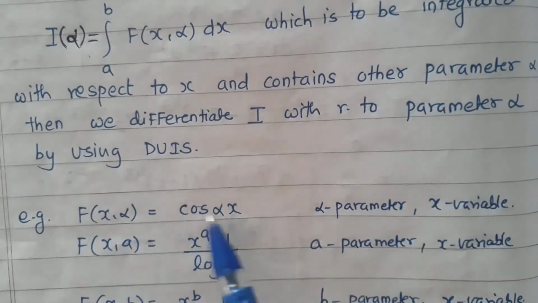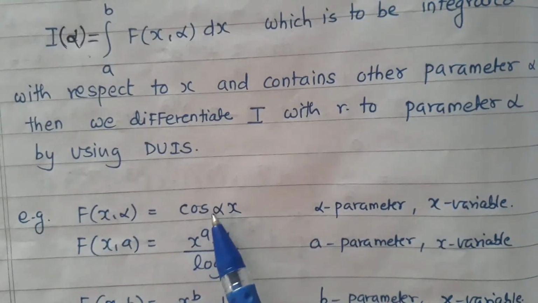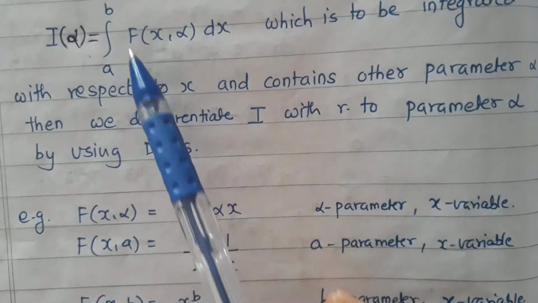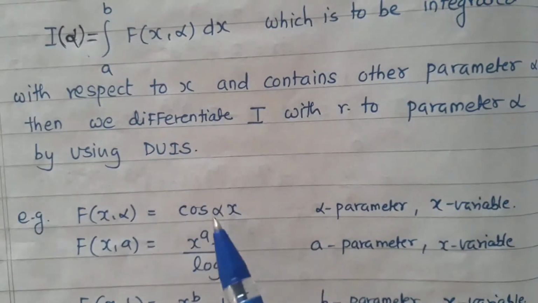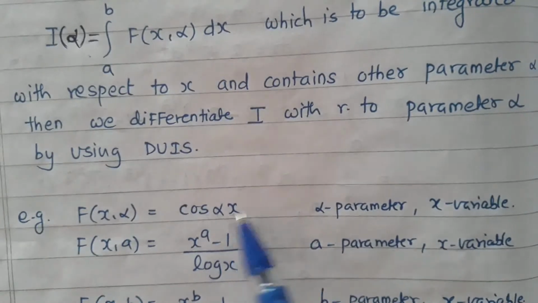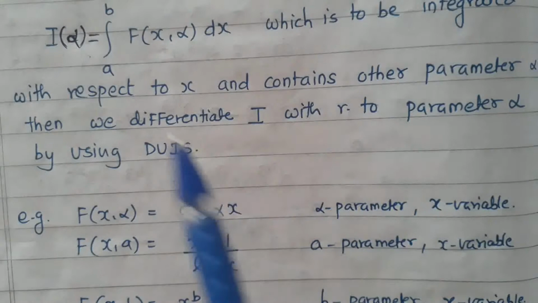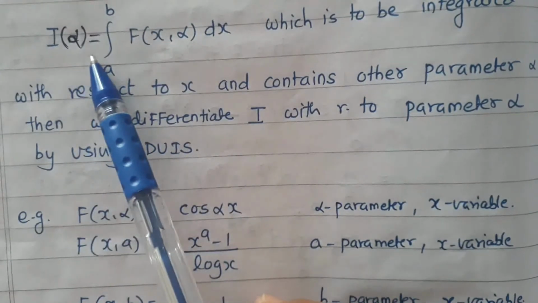Similarly, suppose some particular function cos of alpha is to be integrated within some limits a and b with respect to x. Here x is the variable and alpha is called the parameter, and you can denote this integral by I of alpha.